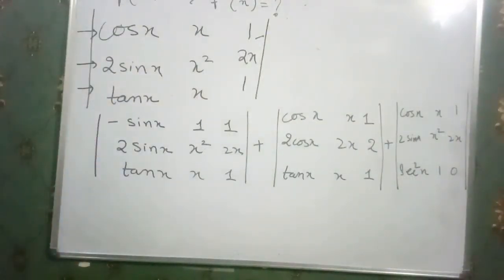To differentiate the determinant, we differentiate the first row, keeping the other two constant, then the second row, then the third row.